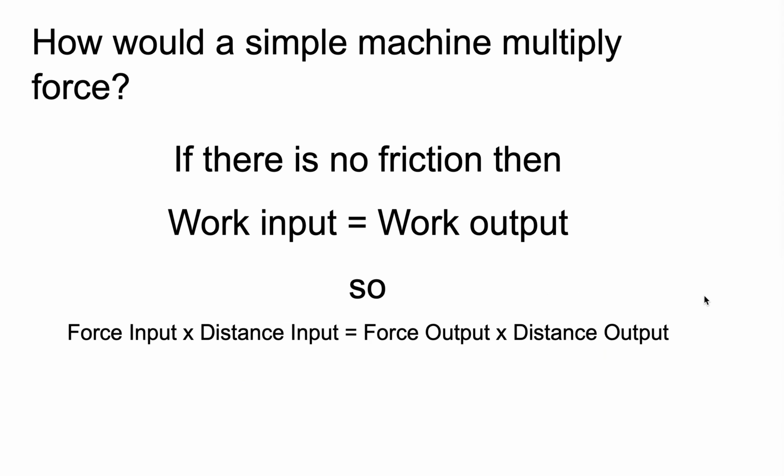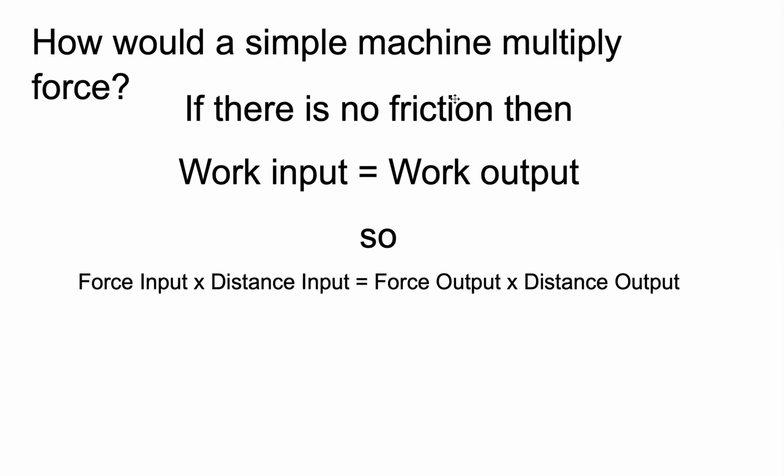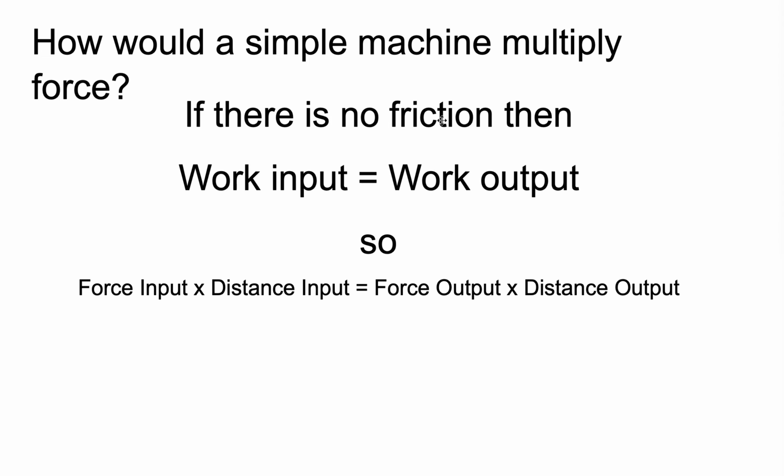So how does a simple machine multiply the input force? Okay, this is how it works. If there is no friction, we talked about this before, then the work that I put into a machine is equal to the work that I get out. It's sort of like the energy you put into something is equal to the energy you get out of something.